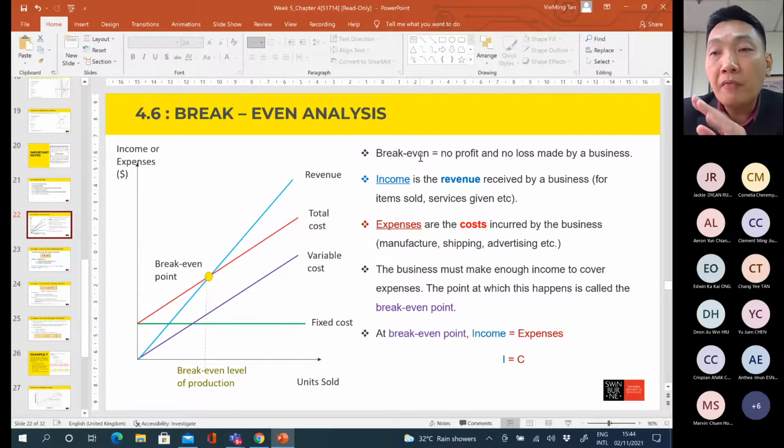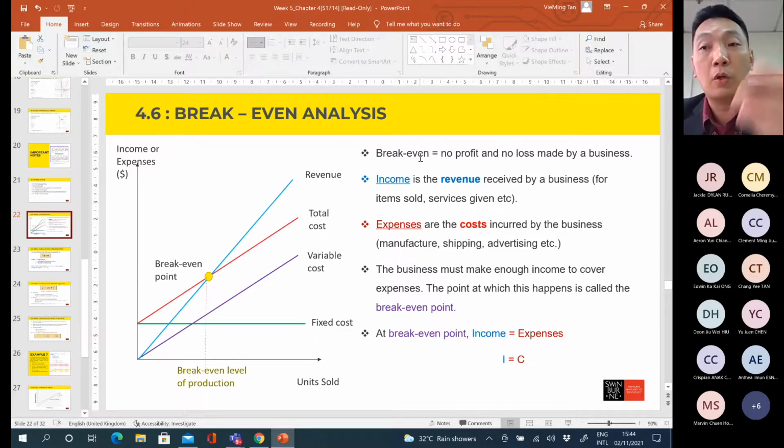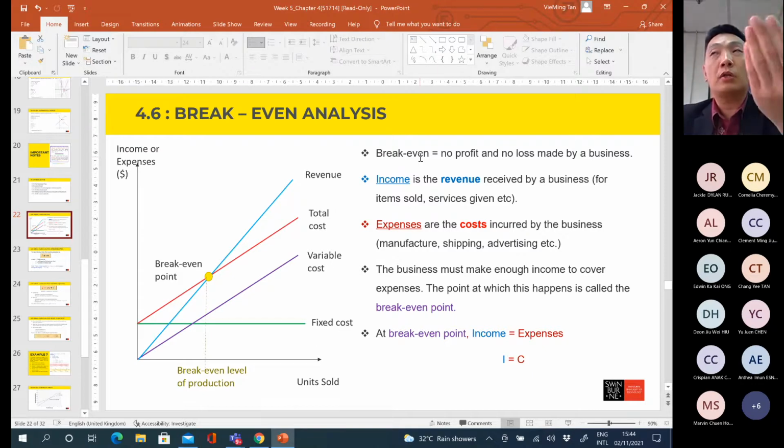Whatever is received by the business is equal to whatever is spent by the business or company. So the income is exactly equal to the expenses. The total income of an organization is exactly equal to its total expenses.